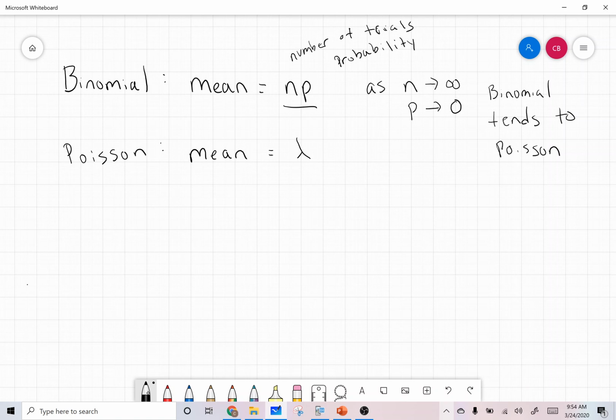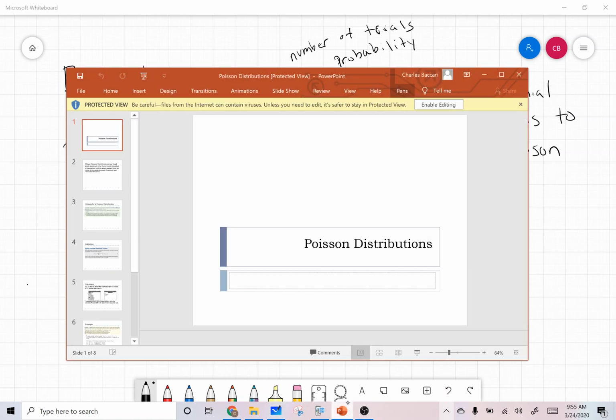But as n goes towards infinity, so as you have an infinite number of trials and the probability tends towards 0, the binomial tends towards the Poisson distribution's value. So like they'll calculate the same thing only using two different formulas.